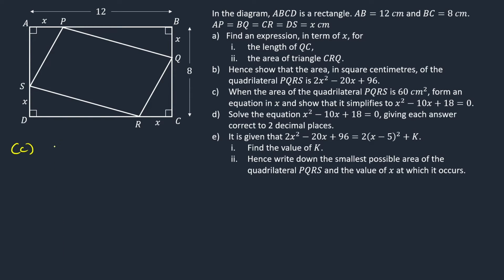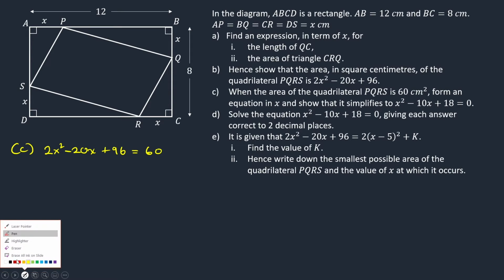So 2x squared minus 20x plus 96 equals 60. What we need to do is minus 60 on both sides. Minus 60 and minus 60 over here.